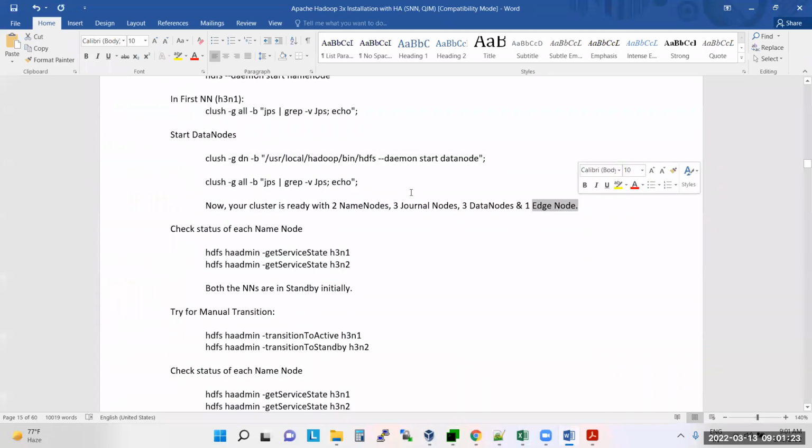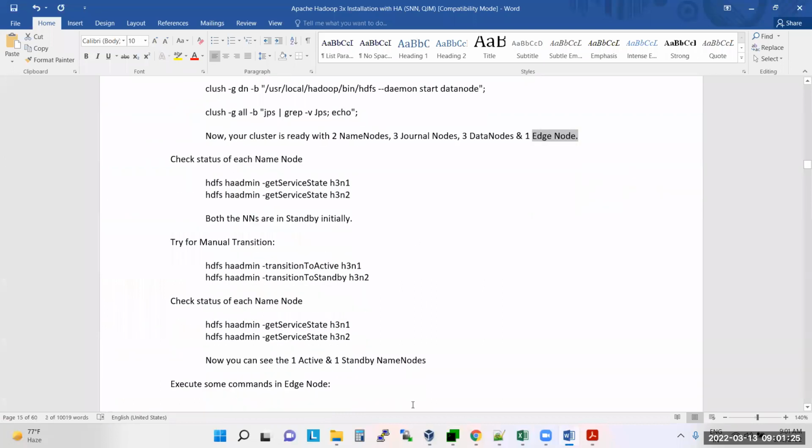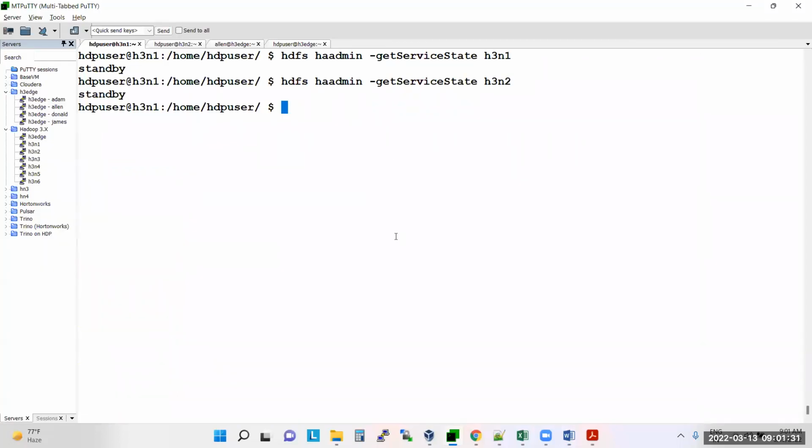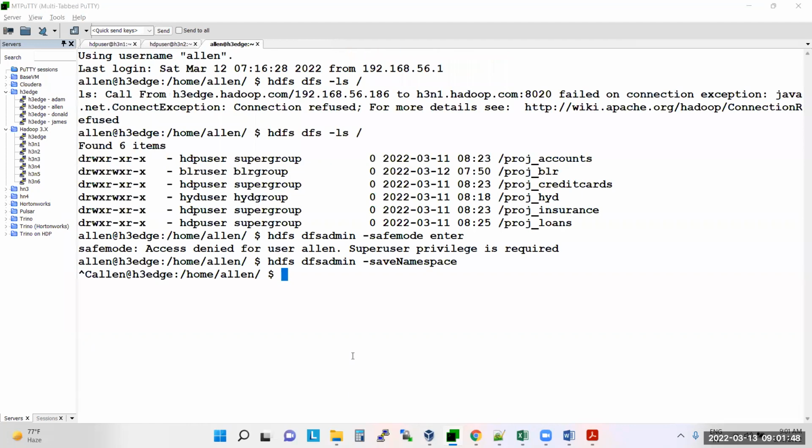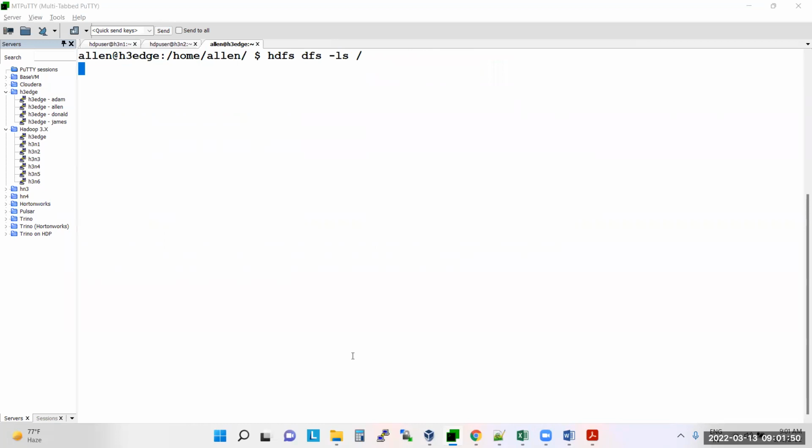Now, 2 name nodes are started. Let us check which one is active. What I told, when I start the name nodes, both will be in standby mode. Suppose we don't have any active name node, and somebody runs a command, suppose Alan is running the command dfs -ls. What is happening?